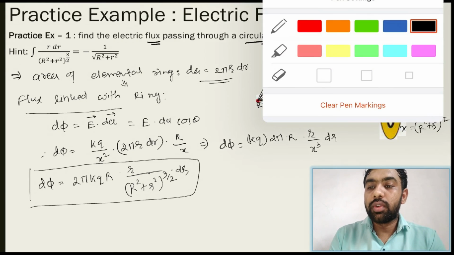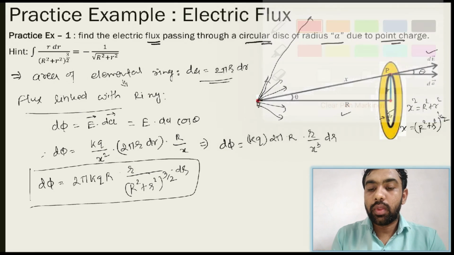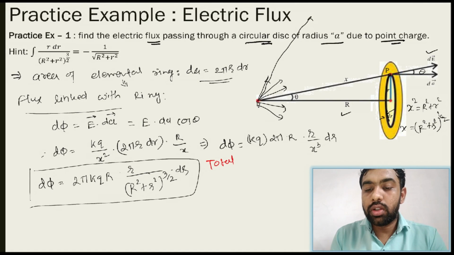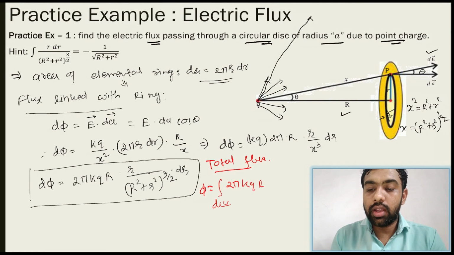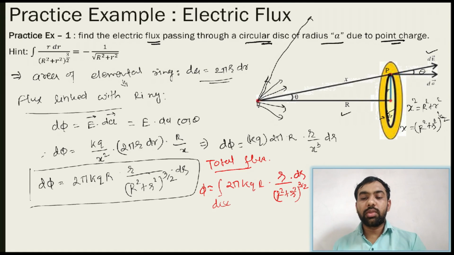Okay, so how do you get the total flux? Total flux φ is equal to the integration over the disc of dφ. dφ means 2 pi kqR into r upon r square plus R square raised to 3 by 2 into dr. So the constant terms come out.